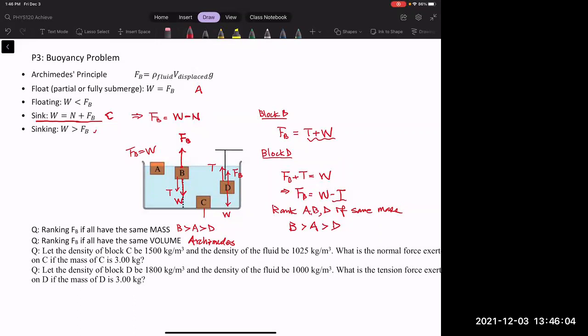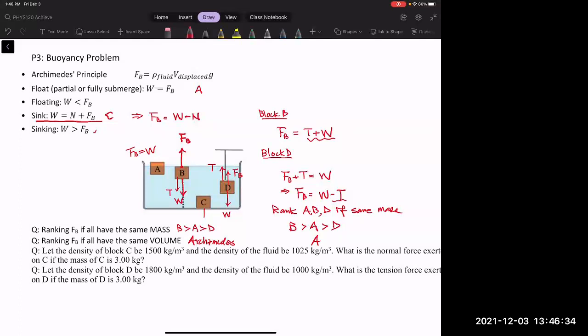So with the same volume, you can see A only has a partial volume inside the fluid, so it's going to have less. So A is the smallest one. And B, C, and D are all greater than that because they are all fully submerged.